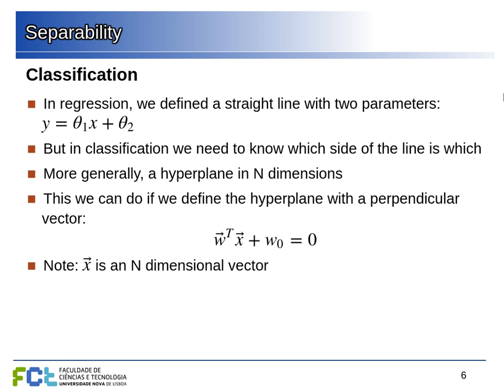Now, in the regression, we defined the line that we wanted to use to approximate our points as some set of parameters multiplied by the x and another parameter added here. So if we have a straight line in two dimensions, it will have simply two parameters, y equals θ1x plus θ2.